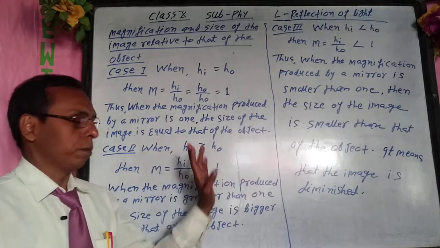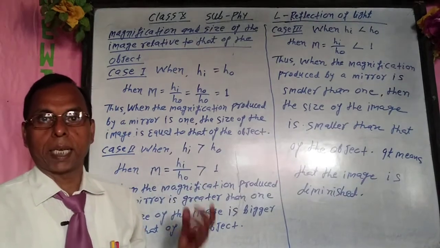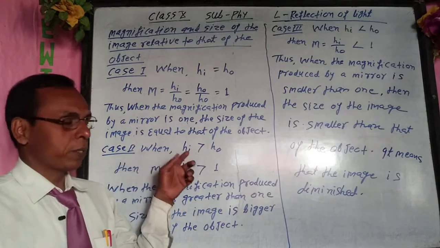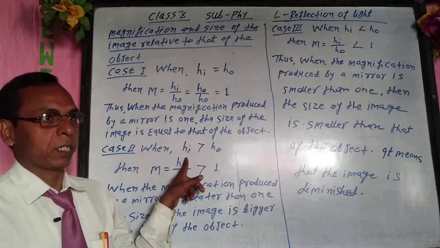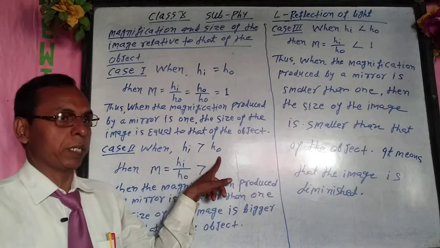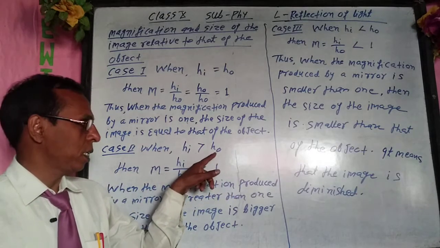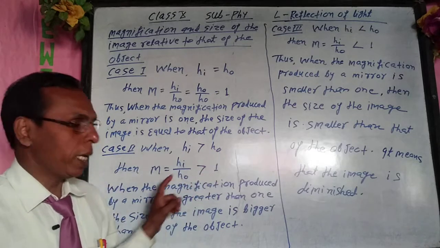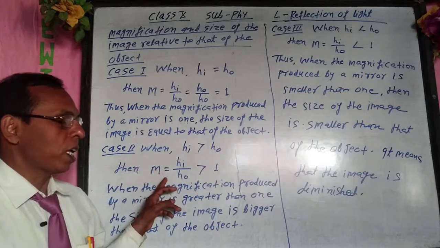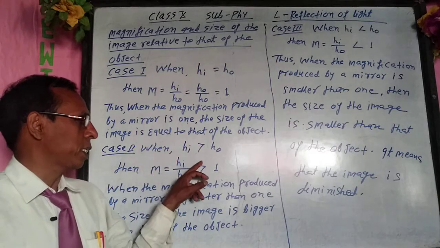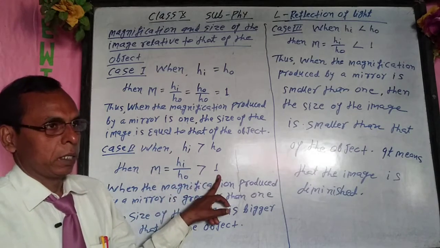Second case, when image height is greater than object height, HI is greater than HO, then magnification is equal to HI by HO, which is greater than 1.